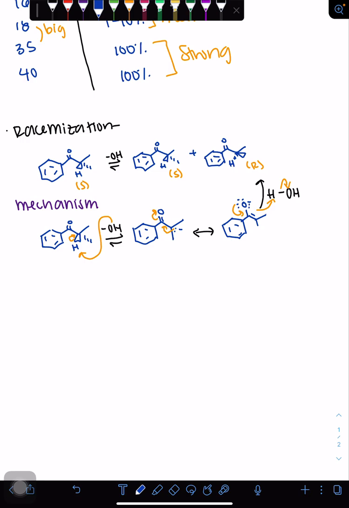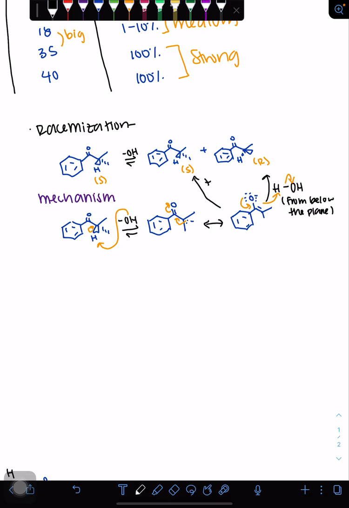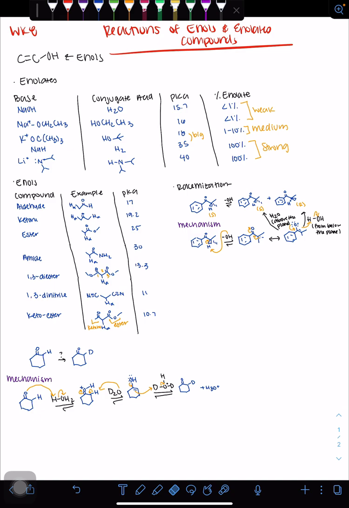But that's if we react it with water from below the plane, in which we would get this R group. But if we reacted it with water, again, but from above the plane, we get this S group. That is the end of reactions with enols and enolates compounds.